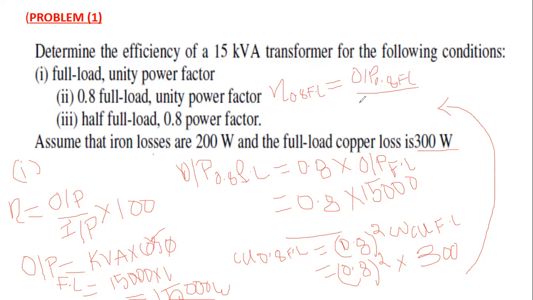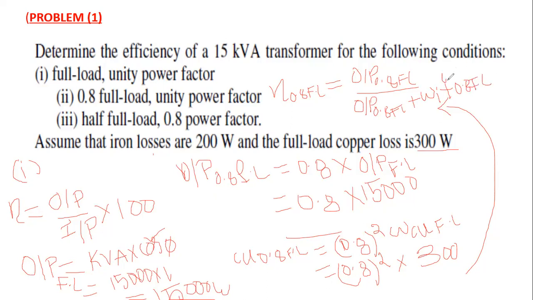What is the formula for input? That is output plus total losses. What is the output? That is the output at 0.8 full load, plus total losses. What are the total losses? That is WI plus 0.8 full load WCU.